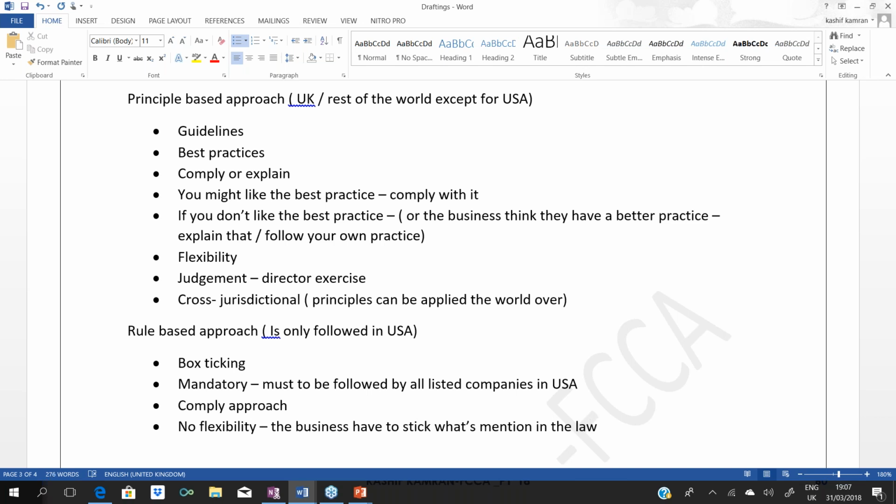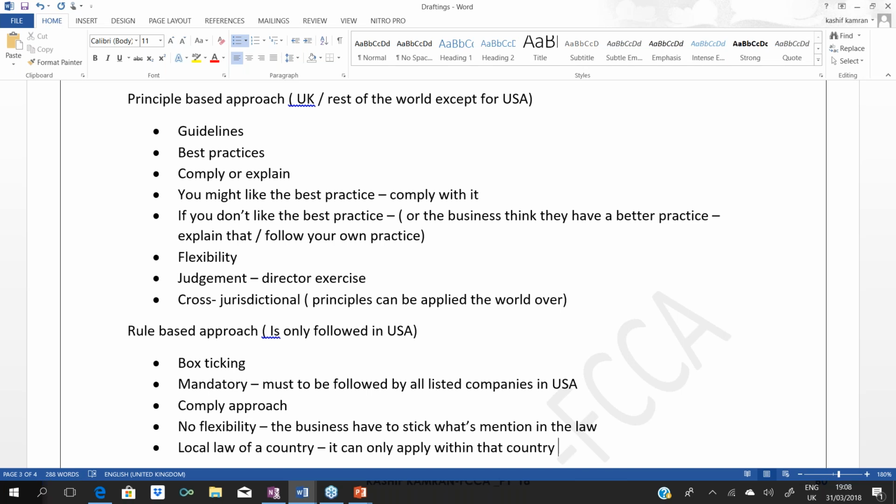Yesterday the principle-based approach was cross-jurisdictional. That means it can be applied the world over, right? So the rule-based approach is not cross-jurisdictional. It's a local law of a country, and being a local law of a country, it can only apply within that country.